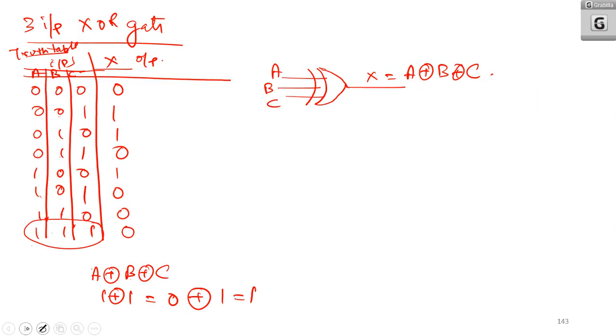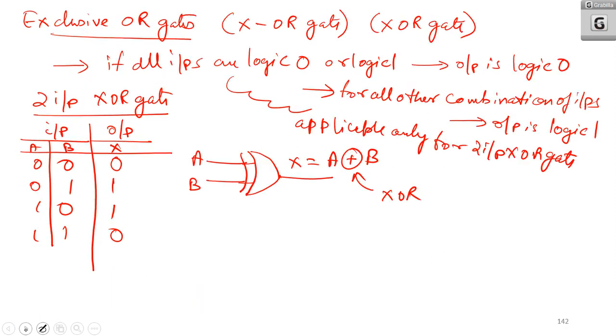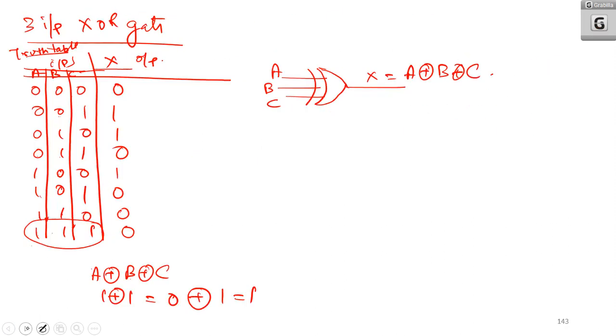Now, can you make an XOR gate as an inverter? That's the question. Can you make an XOR gate as an inverter? Okay, that is one thing I have forgotten to mention.